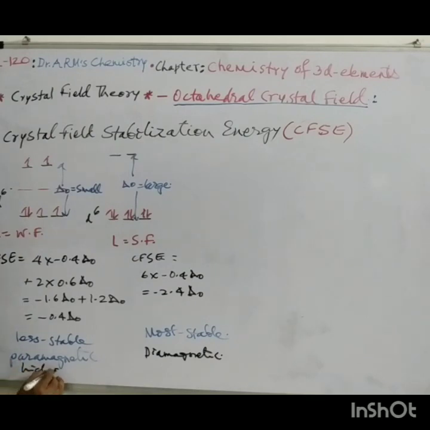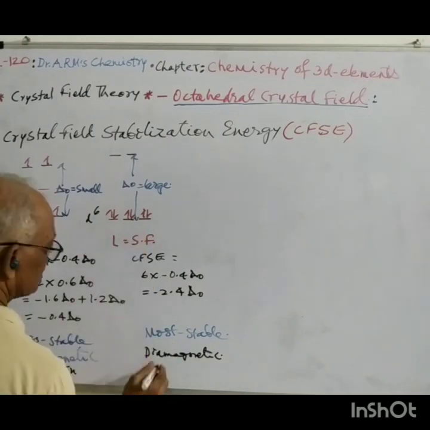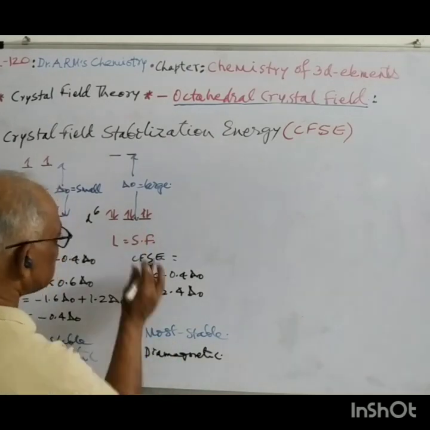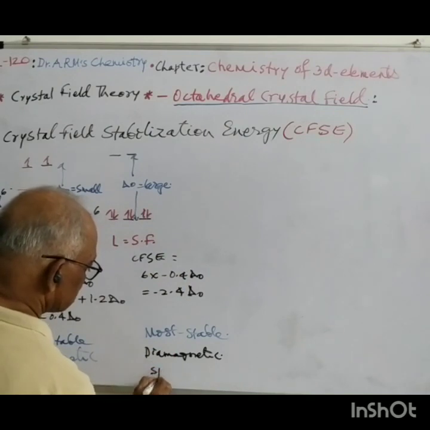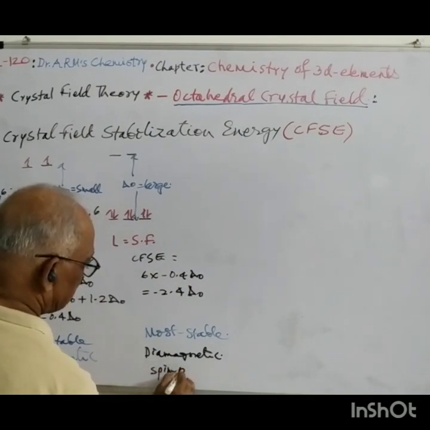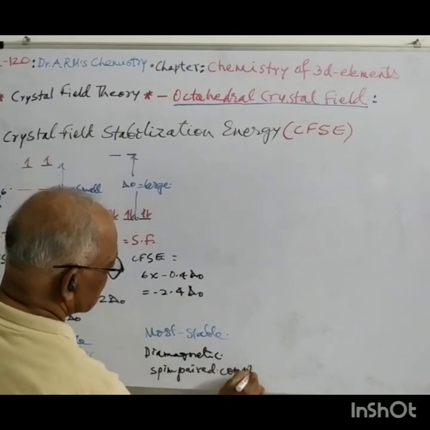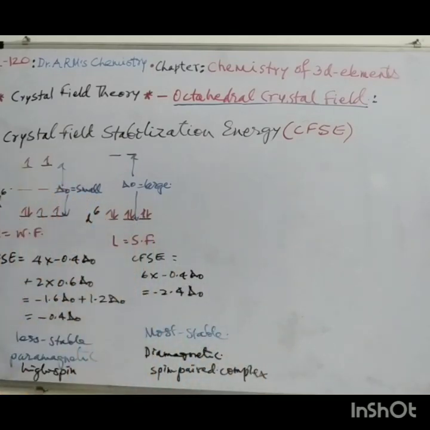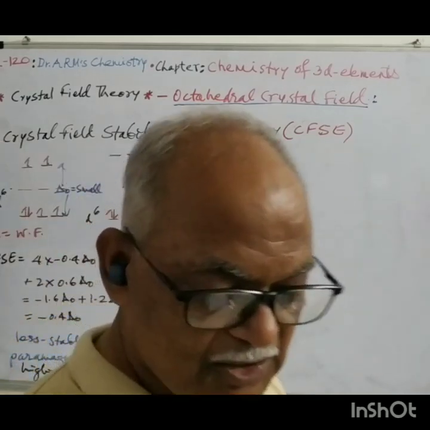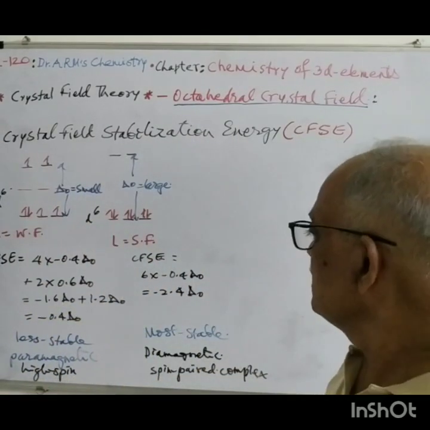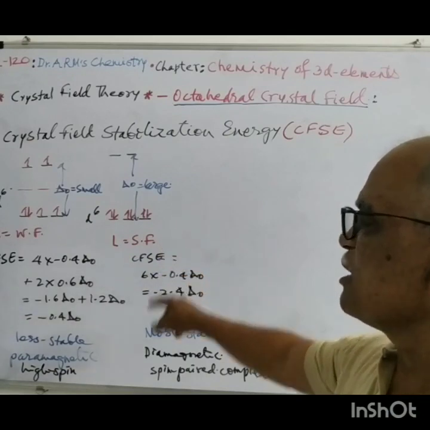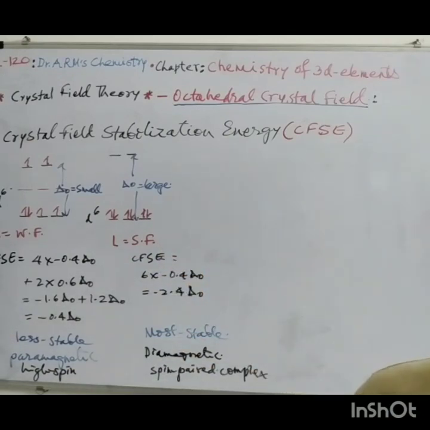This is a spin paired complex, because all the electrons are in the paired state. So in this way we can differentiate these two types of configurations in an octahedral field.